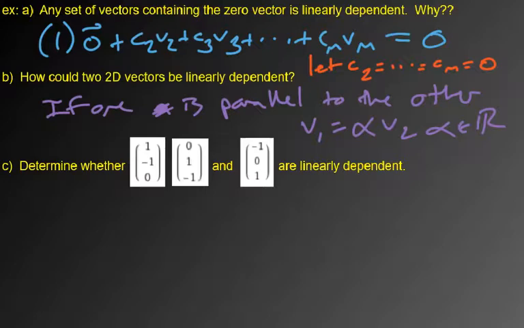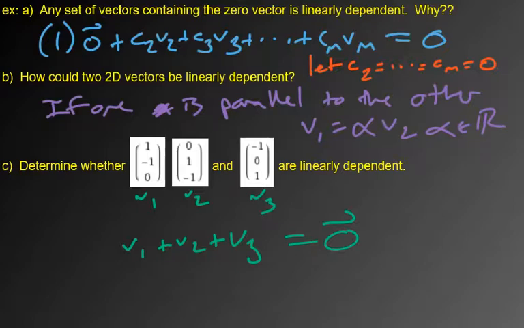So if you just take one of these vectors v1, and I'm going to call that v2 and that v3. If you literally just do v1 plus v2 plus v3, it will equal the 0 vector, because the x component from this one cancels the x component here, y here cancels y here, and z here cancels z here.